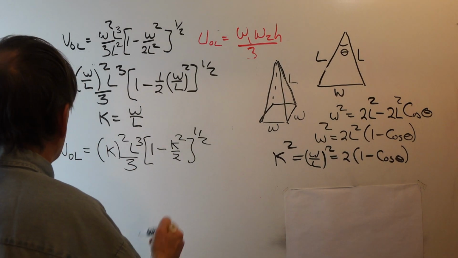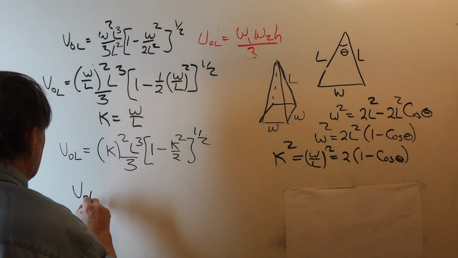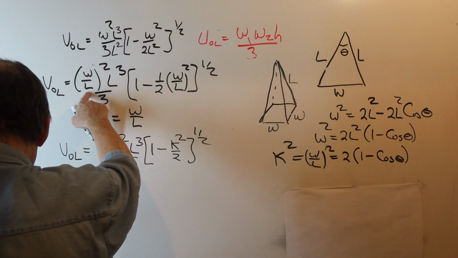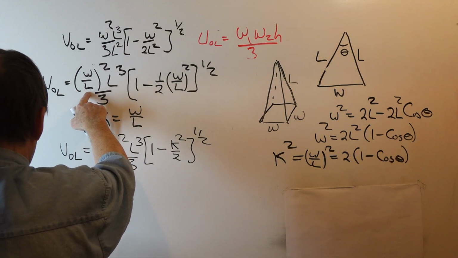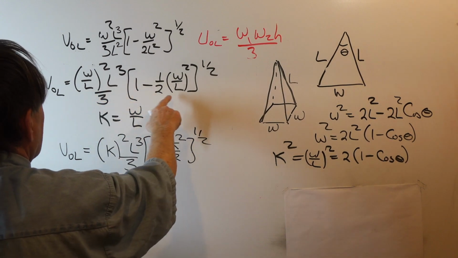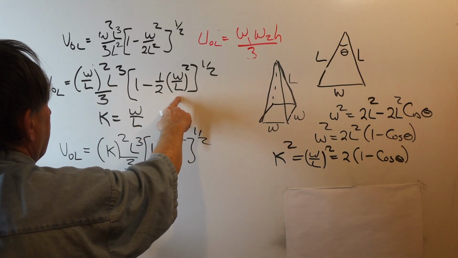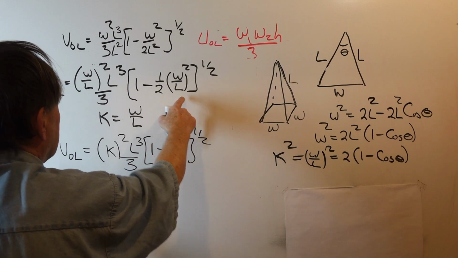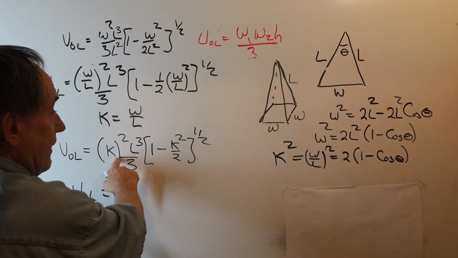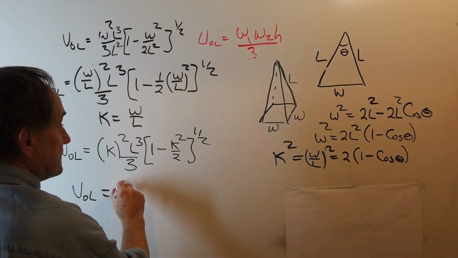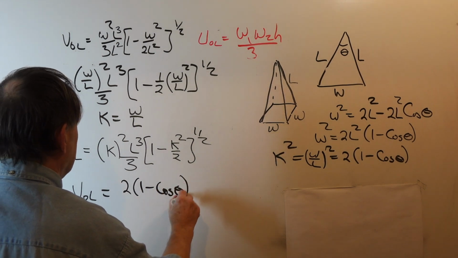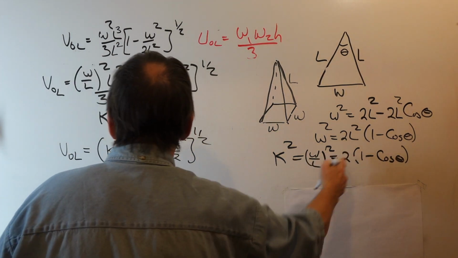So our volume then, in terms of theta, becomes W over L squared here, which is our K squared, and then we also have this K value here. So we can write this as K squared is 2 times 1 minus the cosine of theta. That's this K squared here.